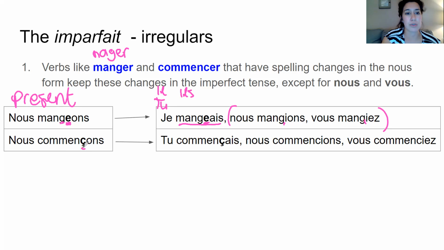Nous commençons, this little C has a C cédille to make the S sound, nous commençons, and that's continued across even with the, again, the tu, the je, the il, and the ils. It's like this, just not nous and vous.